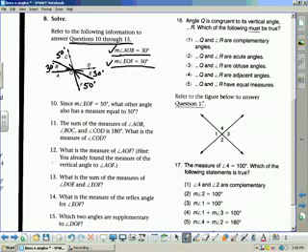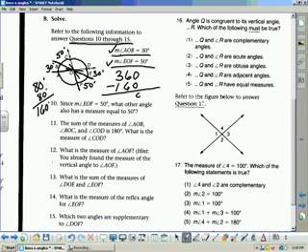Okay? So look at your diagram. What do you see? I have 30 and 50. That's 80. I have a total of 160 degrees. All the way around my circle is 360. 360 minus 160 is 200.